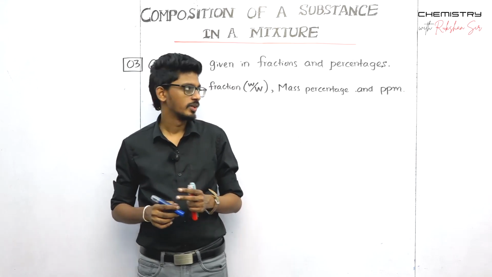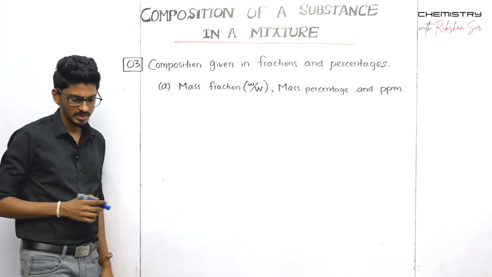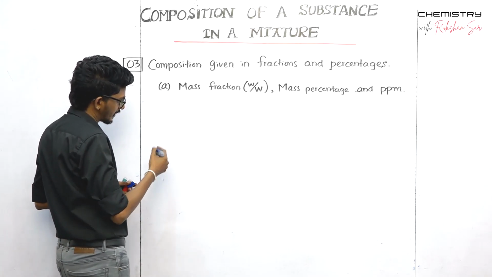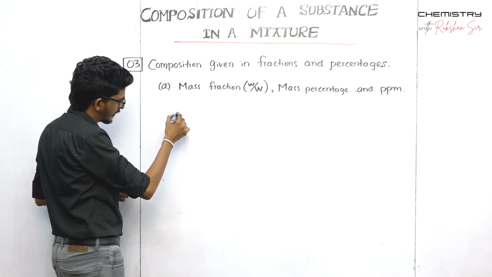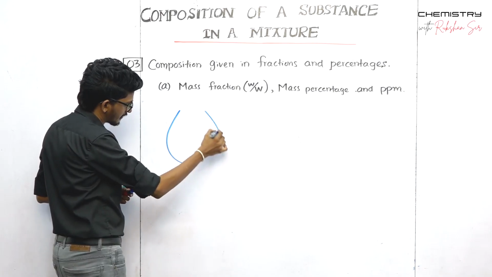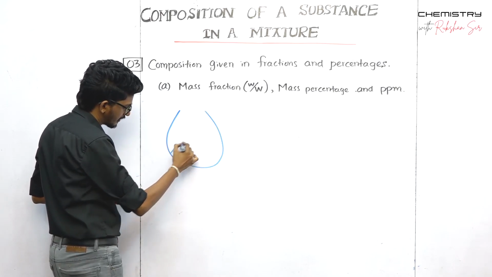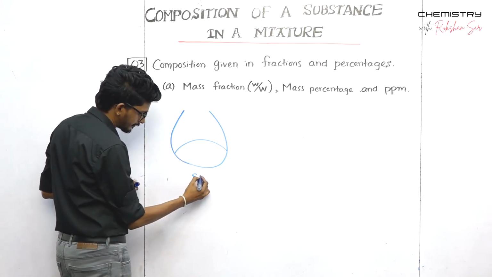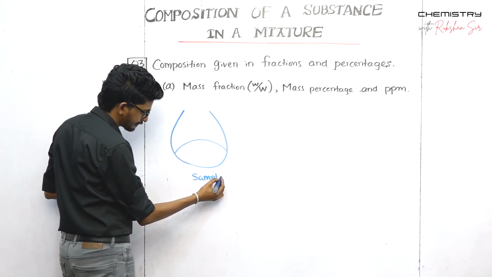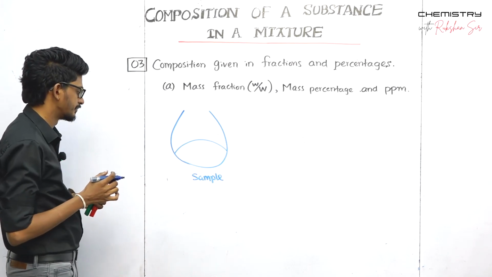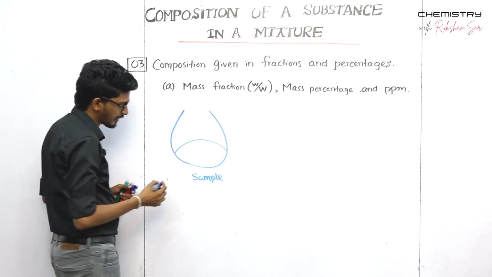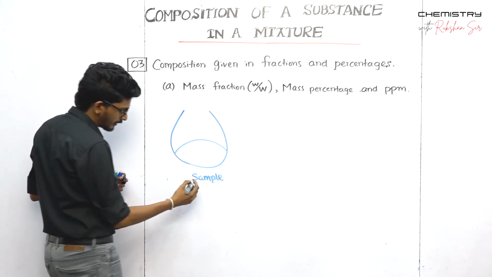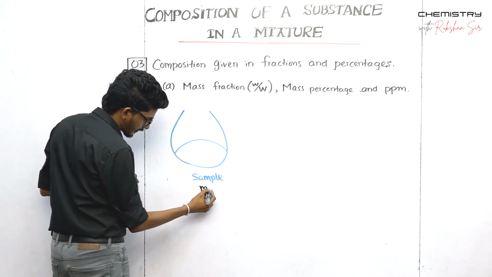So the idea is this. Let's say you are with some sample, and let's say the mass of the sample is m total, the mass of the sample.